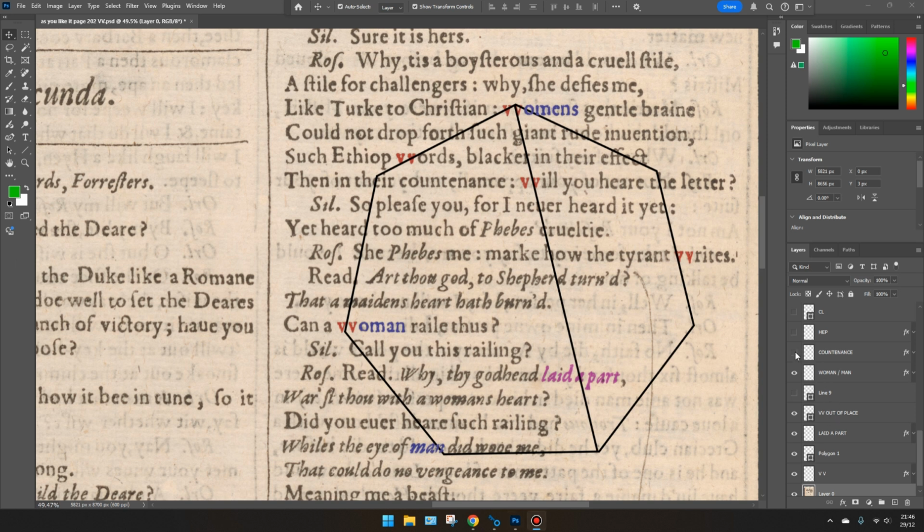Now, if we leave the next bit, what it says here is their countenance. Countenance is like the visage, the face, how something looks. And I think this is what it's hinting at. Their countenance is possibly because how does the W look? It's their countenance VV.